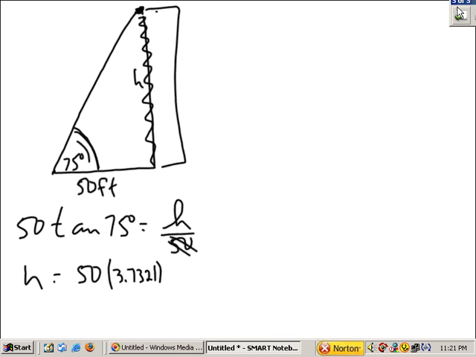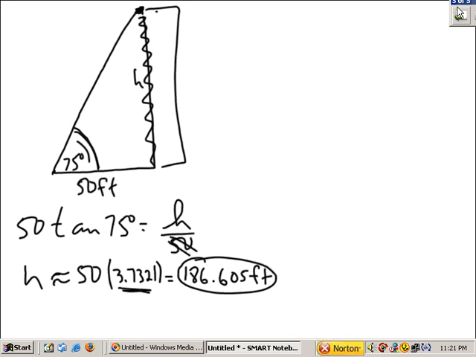When we multiply this by 50, we get 186.605 feet, because I rounded off this number. So, to a few decimal places, the height of the building is that.